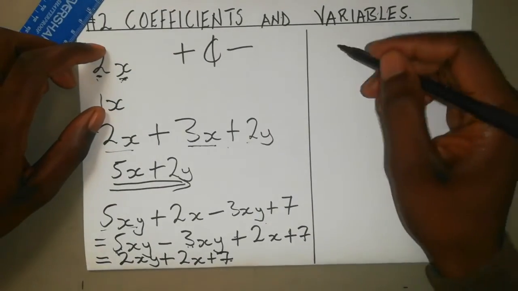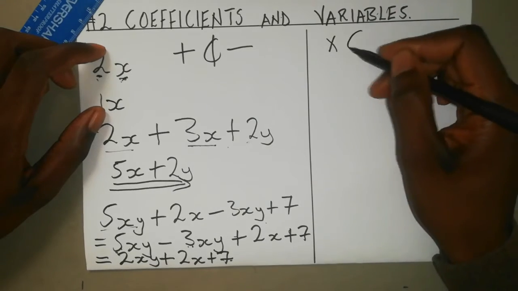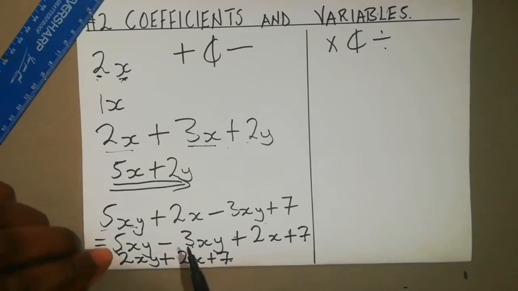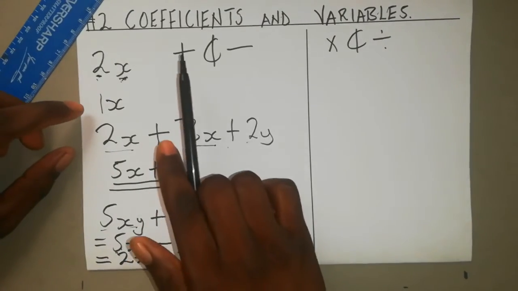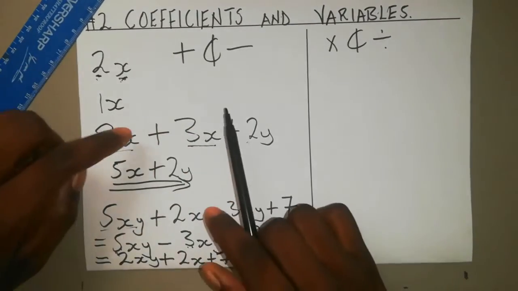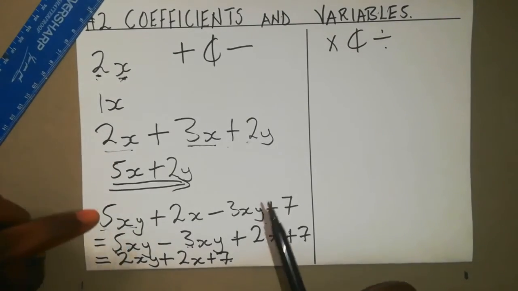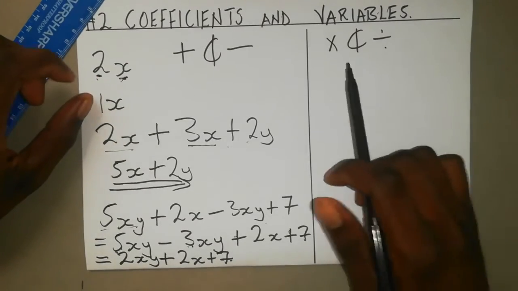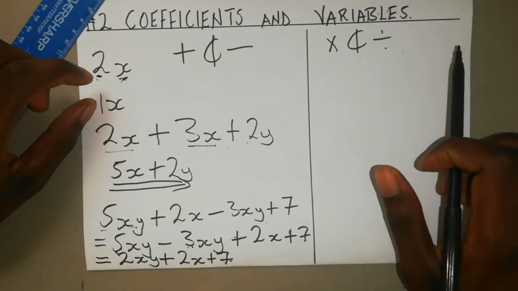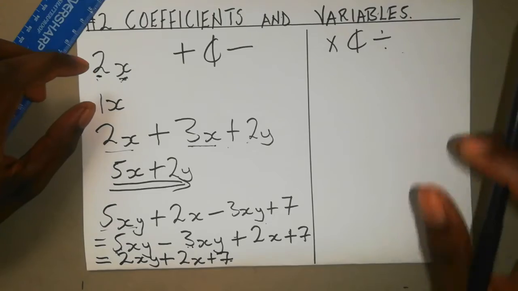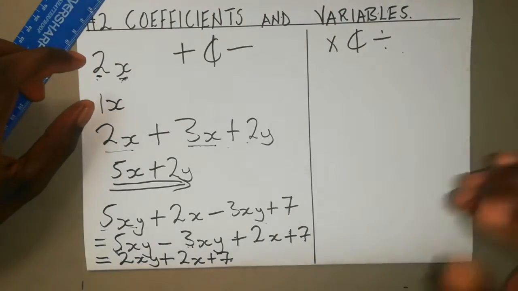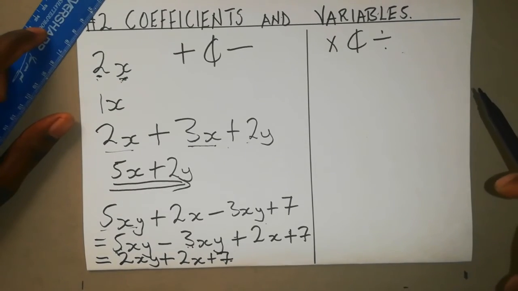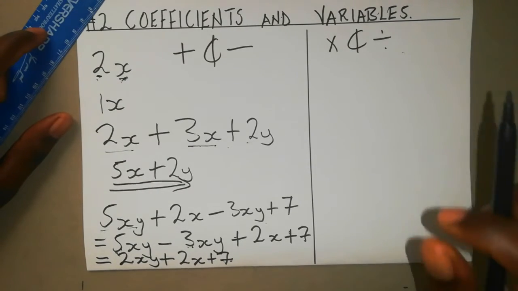The second one is for multiplication and division. The basic idea is, if you are doing either addition or subtraction, we have to consider like terms. But it's different with this other instance. While we are doing multiplication and division, we don't have to consider those like terms or whatsoever. We just have to compute our calculations. So I'm going to start with multiplication.